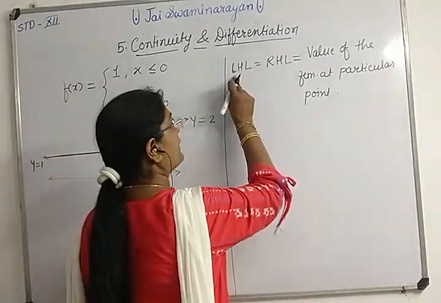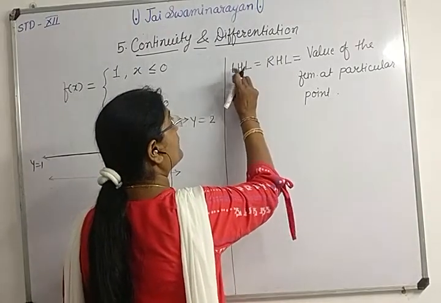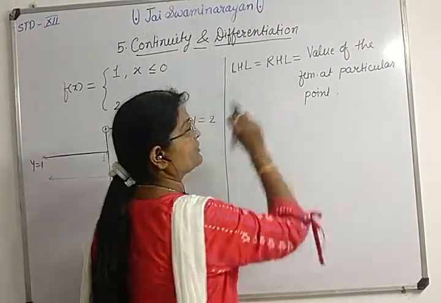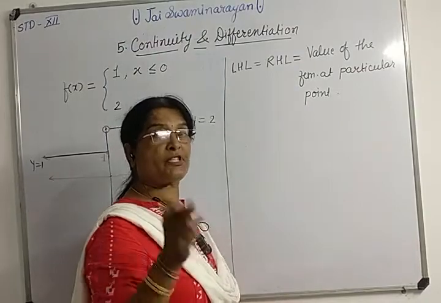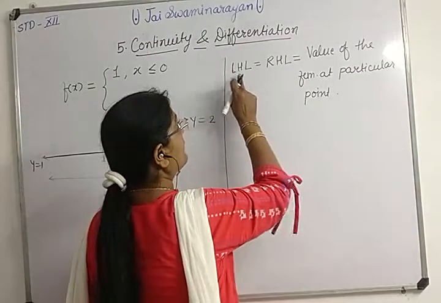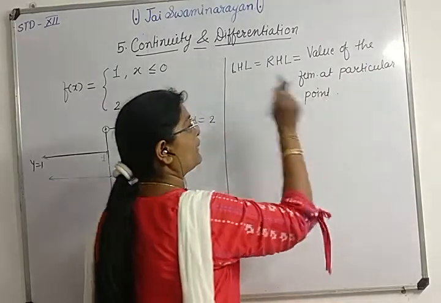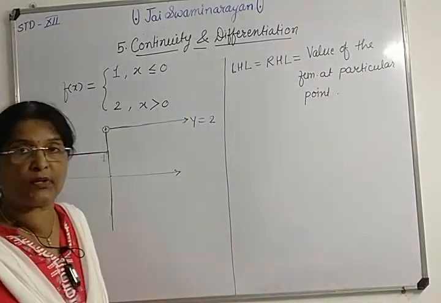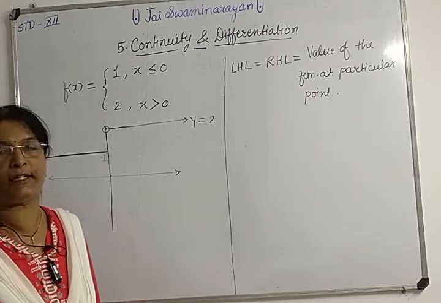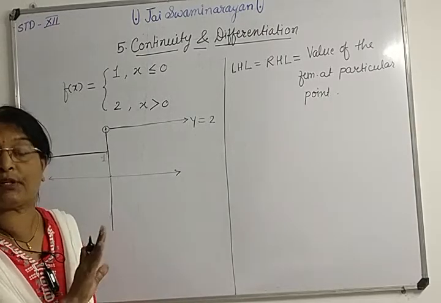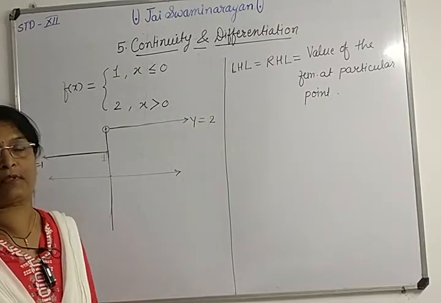Only LHL equal to RHL is not sufficient, but the sufficient condition is that LHL equals RHL equals the value of the function at that particular point. If all three values are equal, then only the function is called continuous. Otherwise, it is not a continuous function.